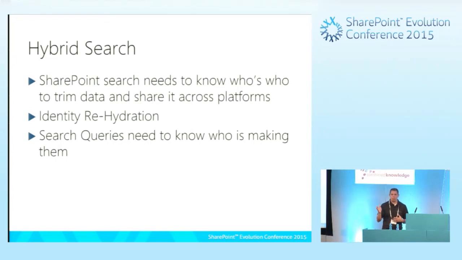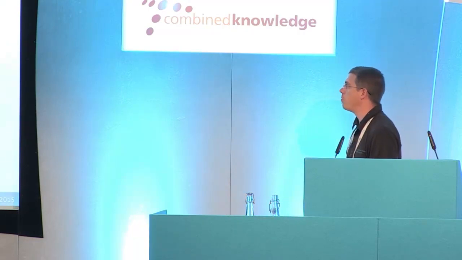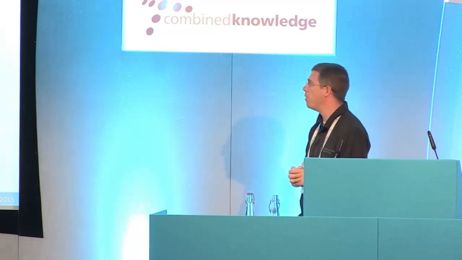So trying to make sure all these experiences are the same across, depending on which environment they're actually hitting, is sort of the goal. So we'll talk about search real quick, what that actually means for hybrid.